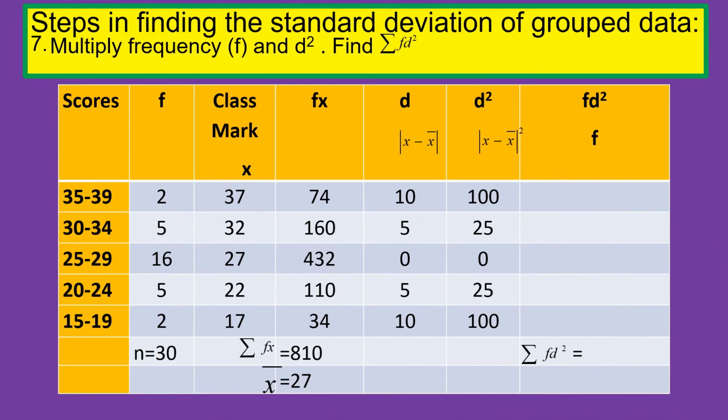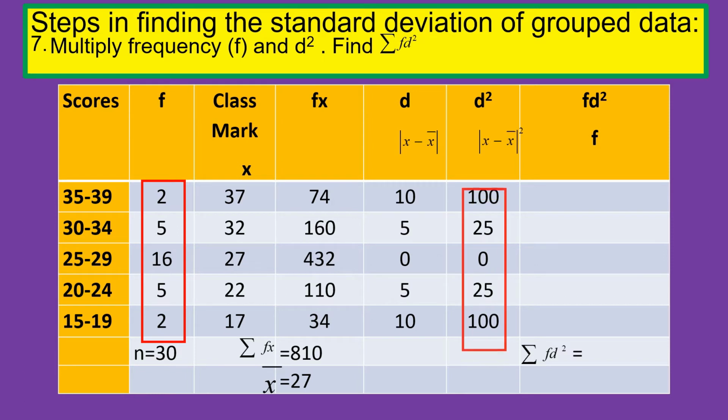We are in step 7. Multiply the frequency f and d squared. Then after that, find summation of f d squared. So we have the frequency and the square. We need to find the product. 2 times 100 is 200. 5 times 25 is 125. 16 times 0 is 0. 5 times 25 is 125.